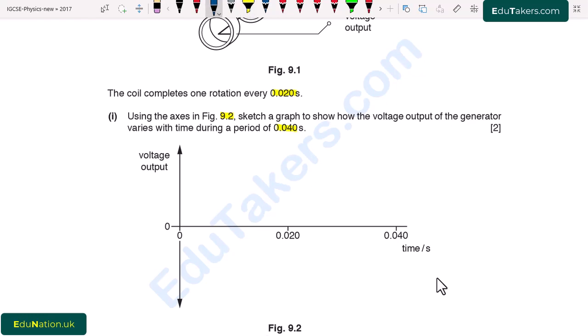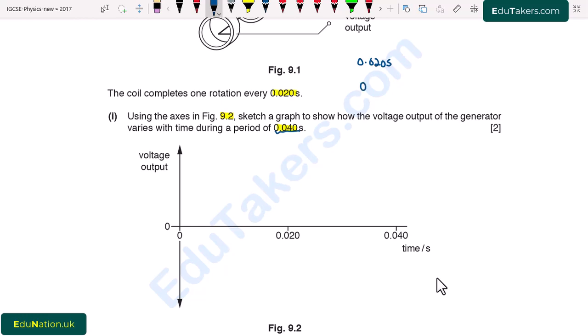So first of all, here we can see that the coil completes one rotation in 0.020 seconds. And in part 1, we have to sketch the graph to show how the voltage output of the generator varies with time during a period of 0.040 seconds.